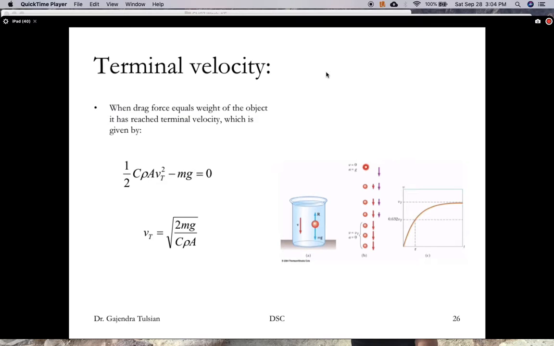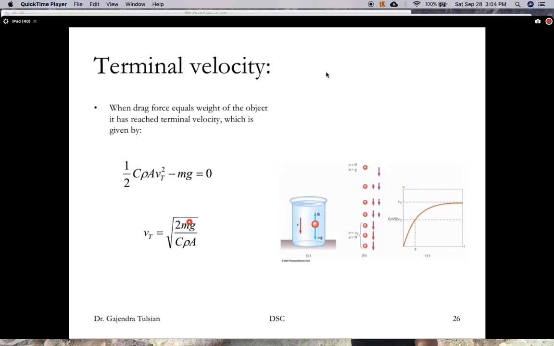The purple arrows are the acceleration, and you see the acceleration is decreasing as the object gains velocity. Once the acceleration goes to 0, the velocity becomes constant and the object has reached terminal velocity. When it reaches terminal velocity, the drag force minus the weight is 0, since the object is not accelerating anymore.